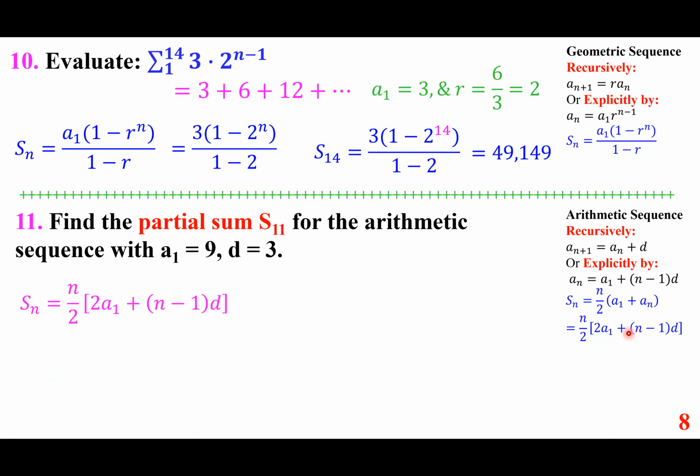So we are going to use this one, replace the a sub 1 with 9, d with 3. And since we want S sub 11, n is 11.